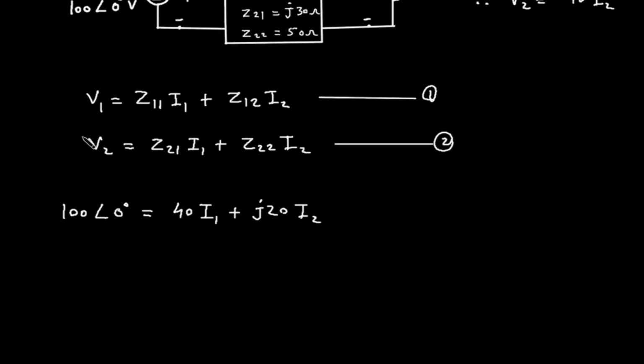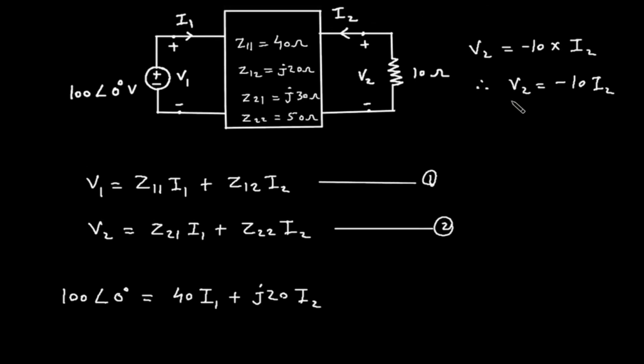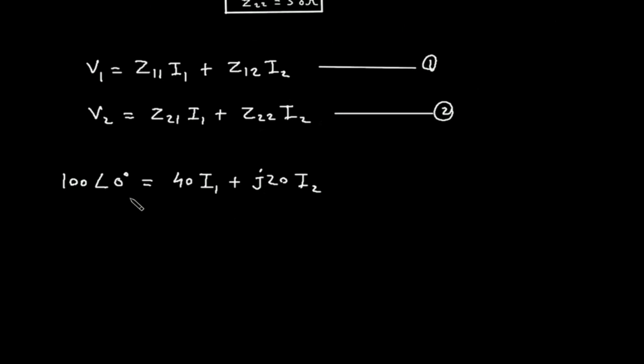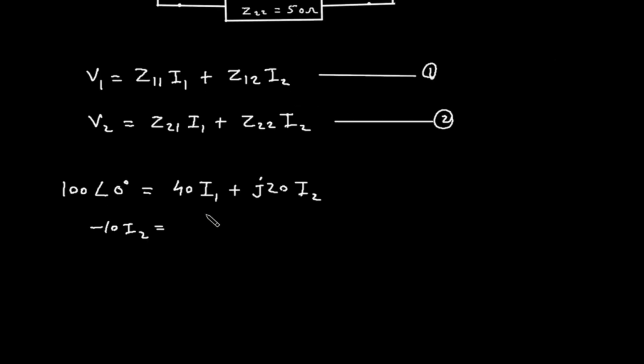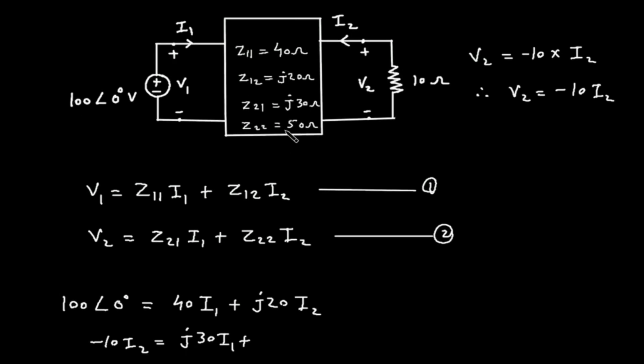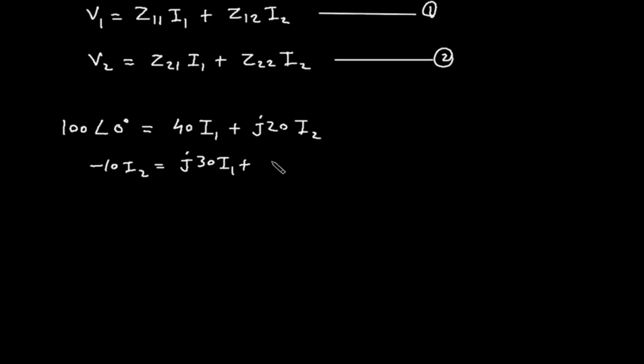Now, here V2 is equal to minus 10 I2. So, minus 10 I2 is equal to Z21. Z21 is j30. j30 I1 plus Z22. Z22 is 50 ohm. So, this will be 50 I2.